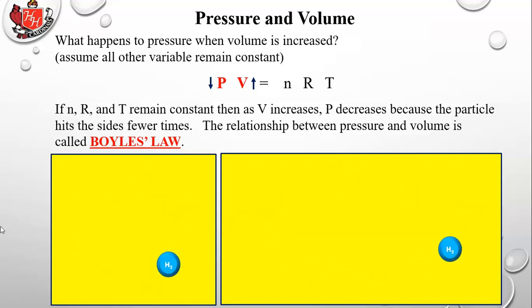You've increased the volume, so it has to travel a longer distance to get to each of the sides. That means it's going to hit the sides fewer times than the particle on the left, which is in a much smaller container. So as you increase the volume, the pressure is going to decrease because the number of times it hits the container is going to decrease. And that's called Boyle's law.